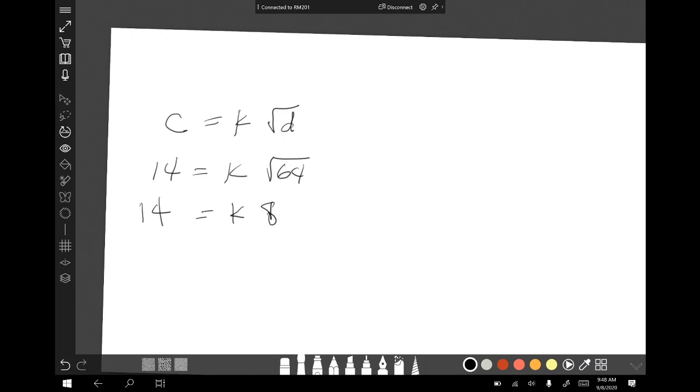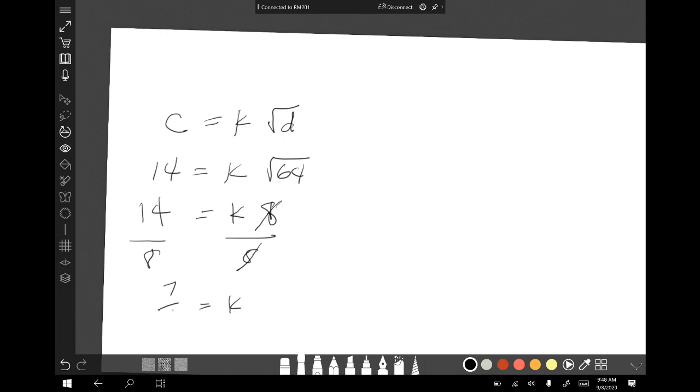Now what do I want to do? Divide both sides by 8. The 8s will cancel. I get K by itself. K is equal to, well, on the top that's 7 and 2 multiplied. On the bottom that's 4 and 2, so I can cancel 2s.